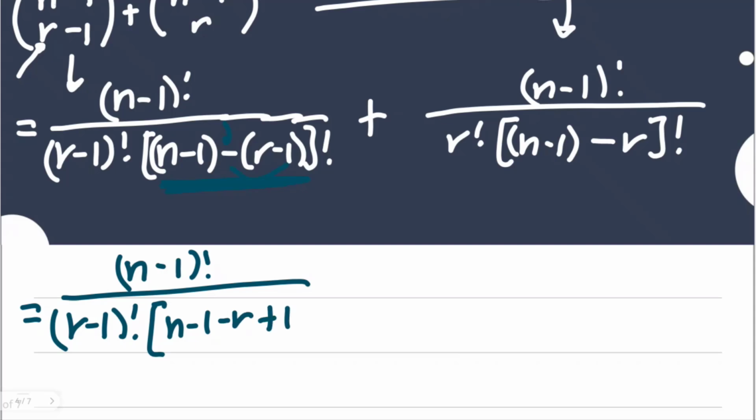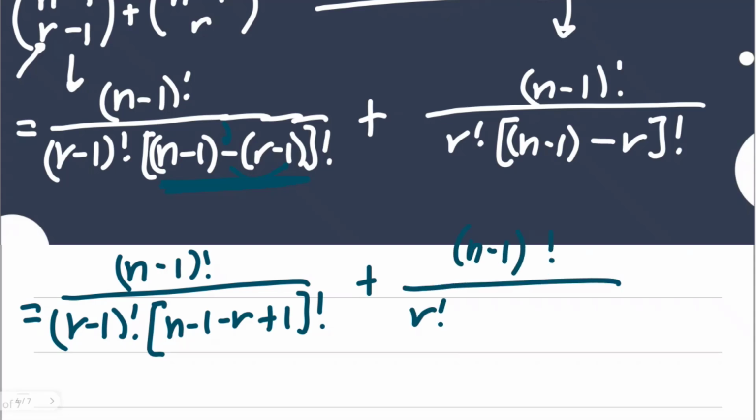Take note of the double negative property. Plus n minus 1 factorial over r factorial times n minus 1 minus r factorial.